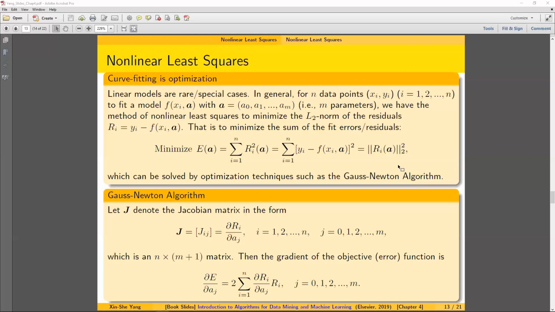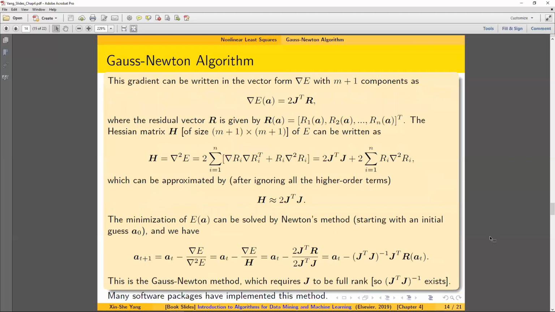So you can see the relationship between the gradient of the objective function and the Jacobian matrix. The gradient can be written in vector form, with n plus 1 components, as gradient of E(a) equal to 2 times J transpose times r.